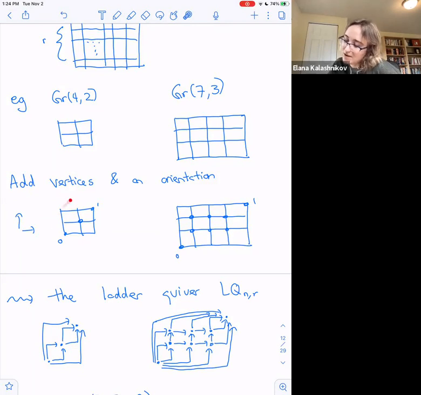For example, in this example here, between 0 and this middle vertex, there are 2 paths following the orientation, and they correspond to these 2 arrows. And then there are also 2 paths from 0 to 1 which don't pass through any vertex, which give you these. So that's how you produce a quiver.